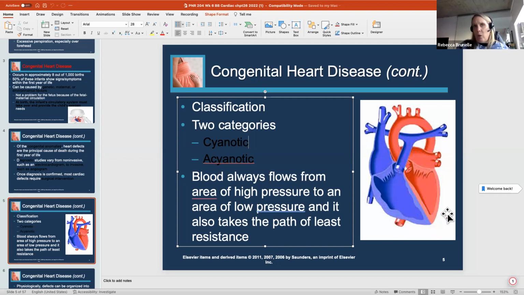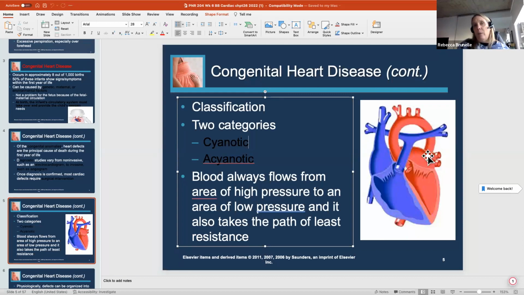So just to do a quick review, this is your superior vena cava and this is your inferior vena cava. These two big veins drain blood from the body, they go to your right atrium, and that blood flow then goes to your right ventricle, and then out to your lungs. This here is the pulmonary artery, and it branches off to both sides to go to each lung.